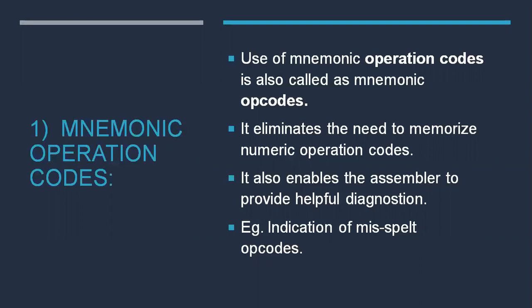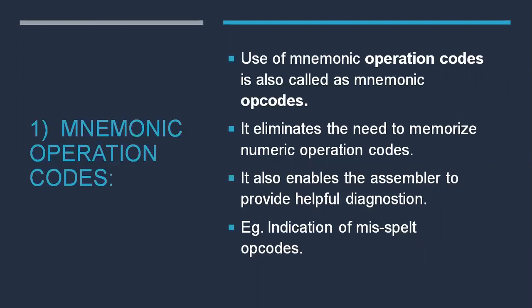So this problem is removed by the introduction of mnemonic operation codes. It also enables the assembler to provide helpful diagnostics. For example, if there is some spelling mistake, then there will be an error, and it is very easy for the programmer to understand what exactly the error is.